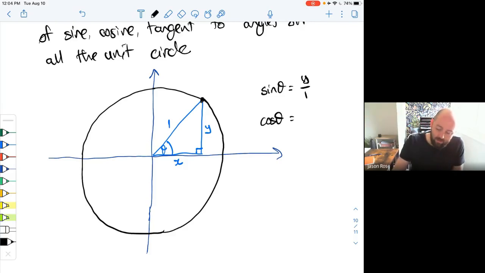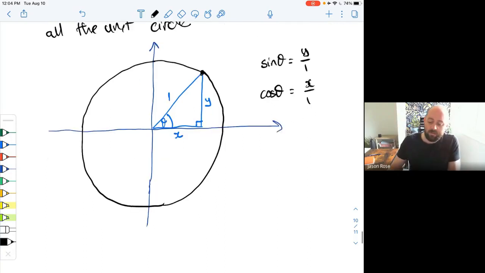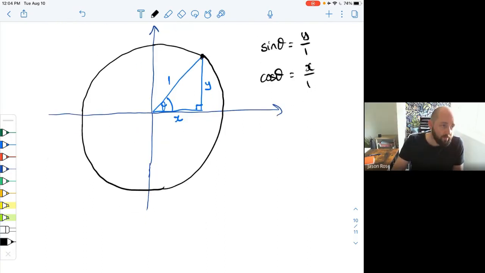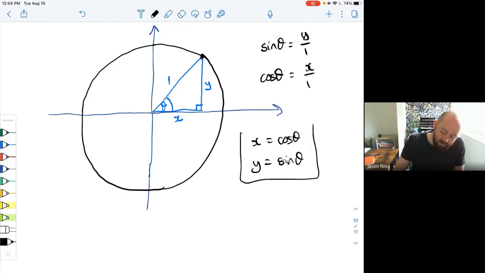Cosine of theta will be the adjacent over the hypotenuse. So rewriting those again, x equals cosine theta and y equals sine theta. So inside that first quadrant, that's going to be true, right? X is cosine theta and y is sine theta.